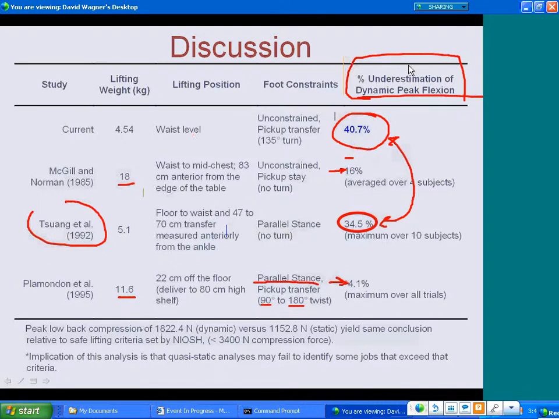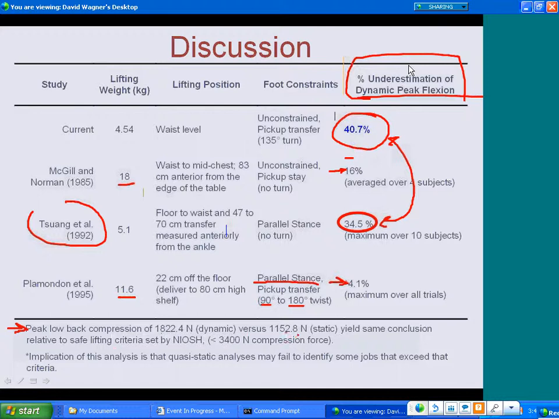And again, one definite thing to note is that the peak low back compression for our analysis was 1822 Newtons, and at least in the U.S., that would yield the same conclusion relative to the safe lifting criteria set by NIOSH, which is that anything less than 3,400 Newtons compression force is okay to lift, versus over that is a no good, job needs to be redesigned type of task.